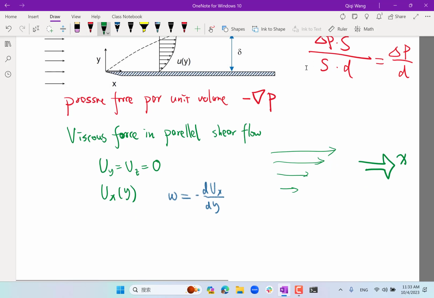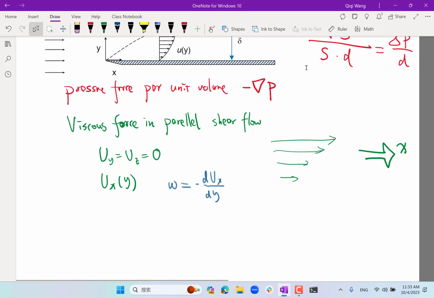So let me just state what the viscous force acting in this flow is. I'm going to write it down as tau. Tau is equal to the viscosity times the derivative of u with respect to y. That's a force acting between two layers of fluid.